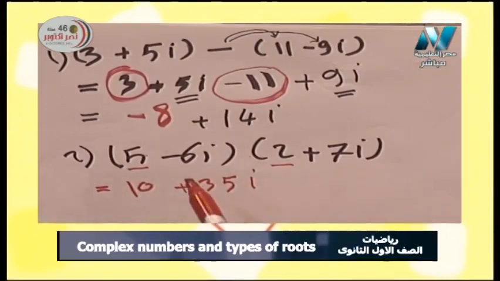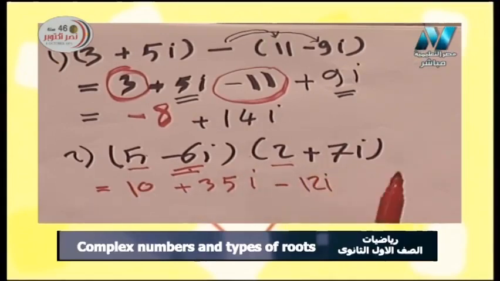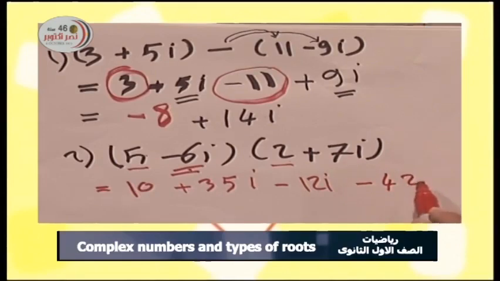And then we will transfer to negative 6i. Negative 6i multiplied by 2 equals negative 12i, and negative 6i times 7i equals negative 42i power 2.